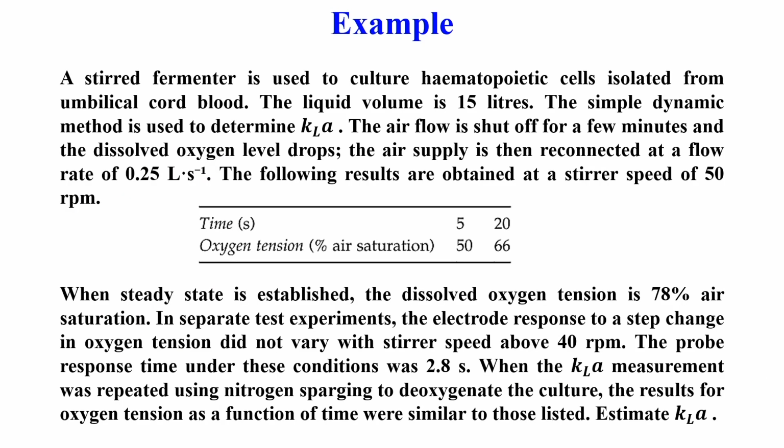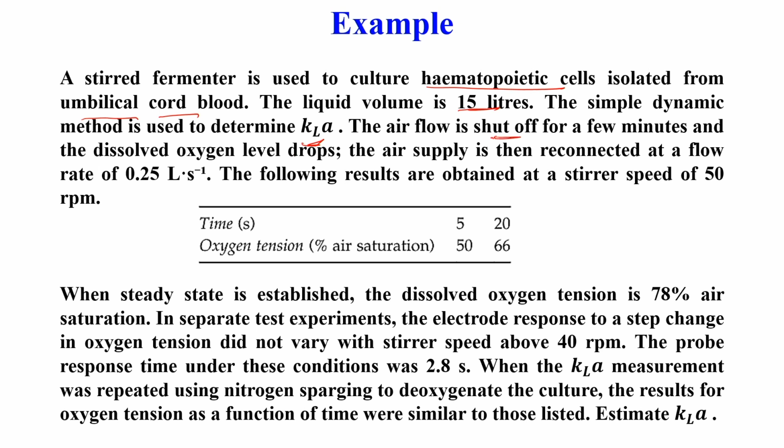So I have listed one example here. A stirred fermenter is used to culture hematopoietic cells isolated from umbilical cord blood. The liquid volume is 15 liter. The simple dynamic method is used to determine KLA.